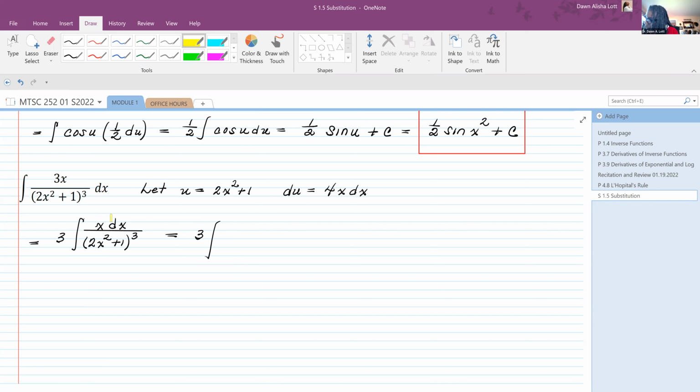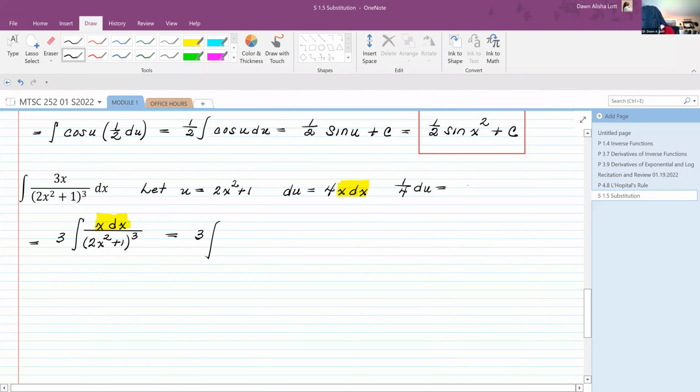Well, I can find x dx. If I divide both sides by 4, I get 1 over 4 du is x dx. So x dx is simply going to be 1 over 4 du, divided by 2x squared plus 1 cubed, so that just becomes u cubed.